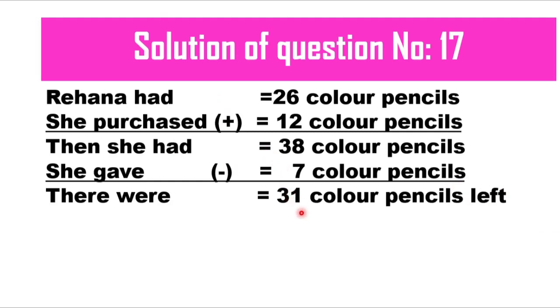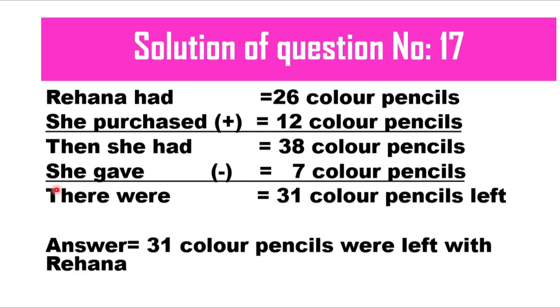So how can we find this 31? You know that in our right hand side we can see that 8 minus 7 is equal 1, and this 3 will be here. So the answer of question number 17 will be 31. So the answer is 31 color pencils were left with Rihanna.